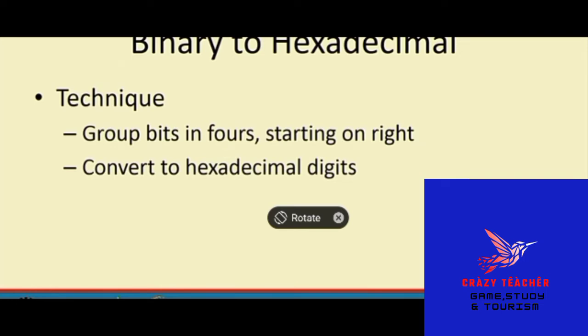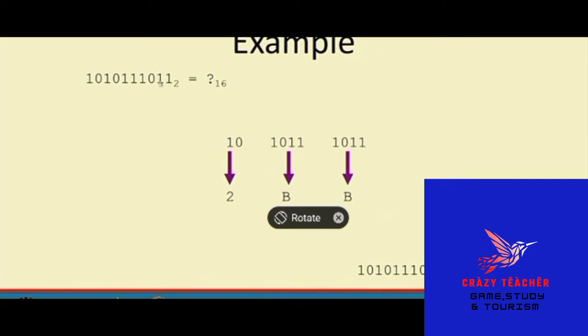Then how do we convert an octal number to hexadecimal? You can use a binary number as the intermediary. We convert the octal number to a binary number first, and from the binary number we convert to hexadecimal. Say this is an octal number, 1076 in base 8.